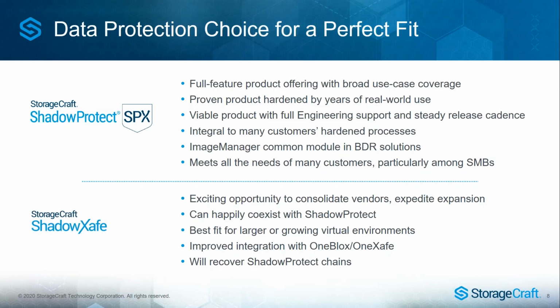Maybe they have a virtual environment that is very fluid, where VMs are being moved from one host to the other in rapid fashion, and they would like to manage and protect those VMs without requiring an agent. And as a result, they start looking at other solutions to complement what they do with Shadow Protect. Shadow Safe comes in to address those scenarios quite well. So it is an ideal solution for virtual environments that are either growing or that are already large. In particular, if they're very dynamic, then Shadow Safe offers a great solution for that.